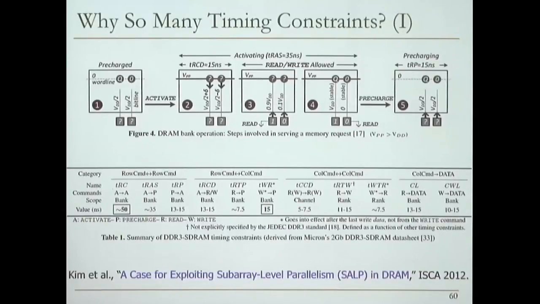But clearly, that's a bad idea, because you don't need to wait that long for every command. If you're doing a precharge after an activate, yes, you need to wait 35 nanoseconds, because that's how long it takes. But if you're doing a read after an activate, waiting 35 nanoseconds is really unnecessary. So we're complicating things so that we can reduce the latency and take advantage of the fact that different physical phenomena take different amounts of time.